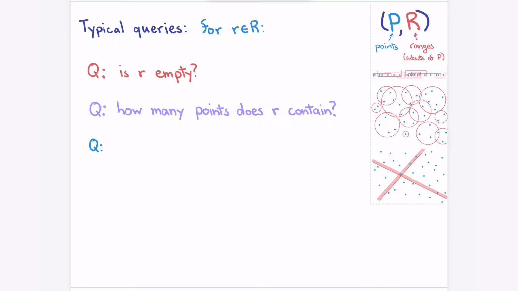Well, I don't know if we're actually going to be interested in how big R is beyond how many points it contains. The third one, maybe you might want to know if R is significant for some threshold. You can do some heavy hitter type question. Which of the ranges are heavy hitters? They contain at least 10% of the points or something.